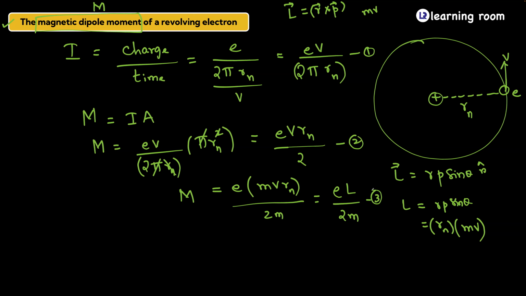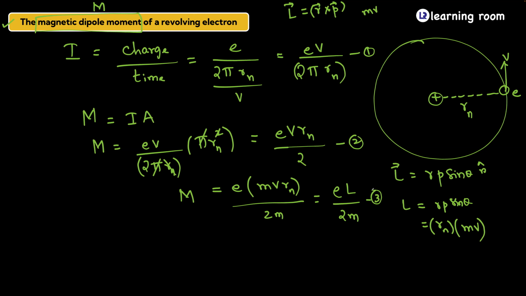That is the reason why we are trying to write it in terms of known quantities. For that, what is the manipulation we did? We multiplied and divided with the mass of the electron. When you multiplied and divided, what did you get? E into mvrn divided by 2m. mvrn is what is called angular momentum, right? So I wrote it as L divided by 2m, and I'm calling this the third expression.